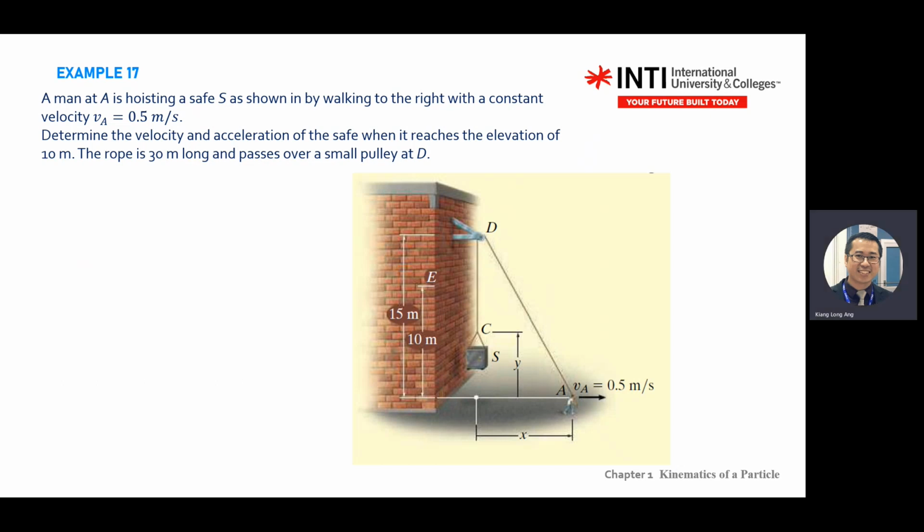Determine the velocity or acceleration of this object when it reaches a certain location, meaning we freeze the time, at an elevation of 10 meters in this location. The rope is 30 meters long. The total length of the rope is given, passing over a small pulley at D.